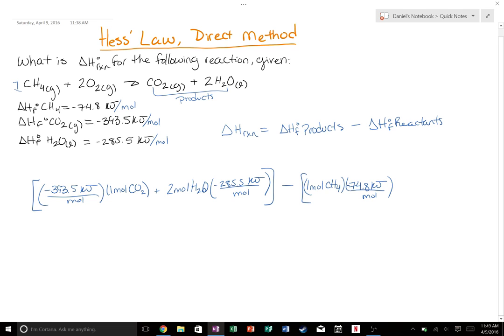So now, what do we do with oxygen here? If you notice, they don't give us a delta H of formation for oxygen. And the reason for that is that anything that's elemental, so for example, okay, so let me write this over here.